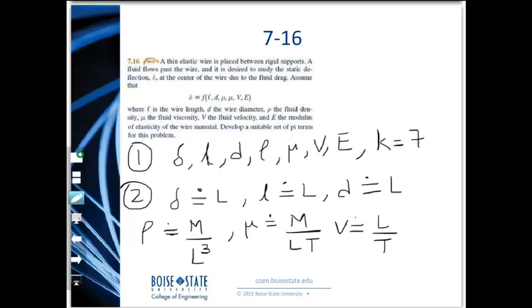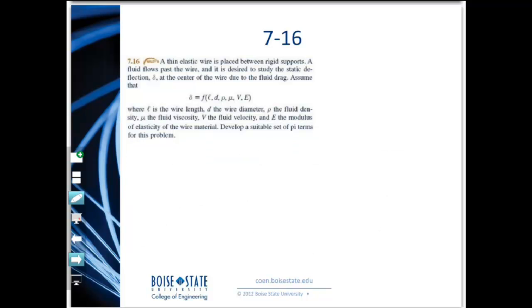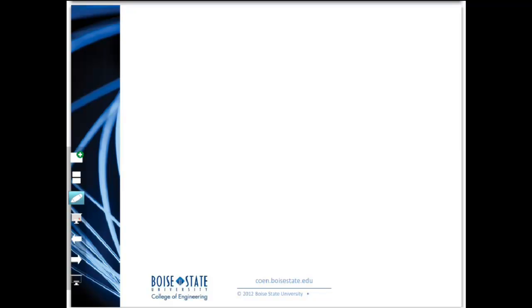Okay, and finally we have to write for E, the elastic modulus. So it has units of force per length square, so you can write in the basic MLT system as M over L T square.